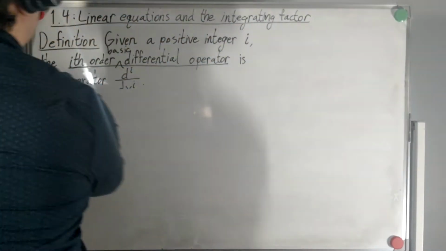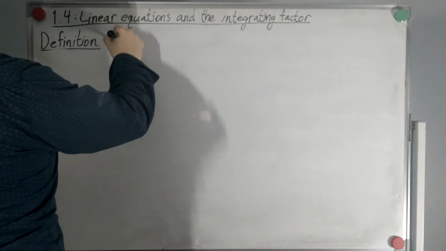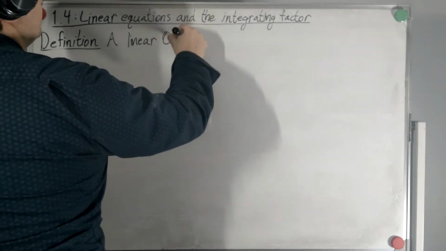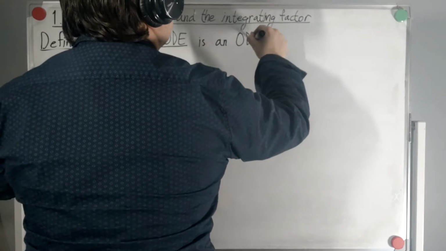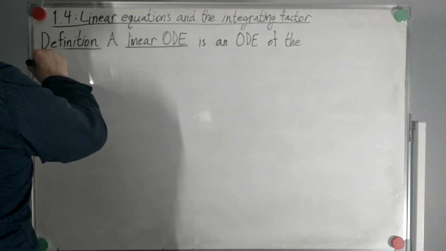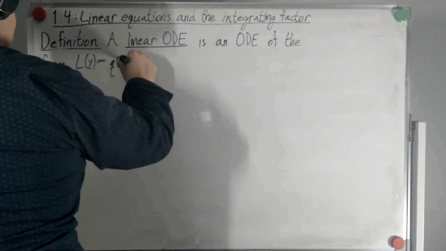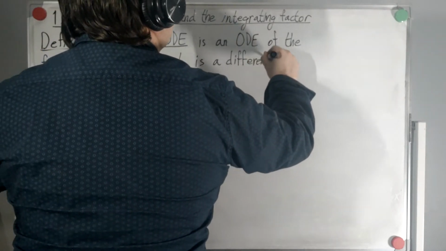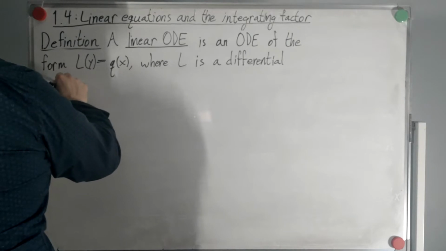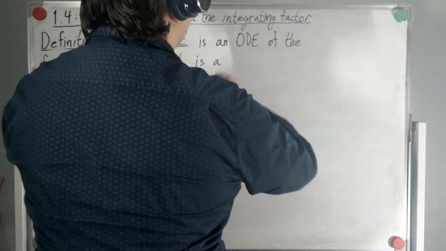Okay. And then, based on all of this, a linear ODE is an ODE of the form L of y equals Q of x, where L is a linear differential operator, sorry, let me actually fix that.